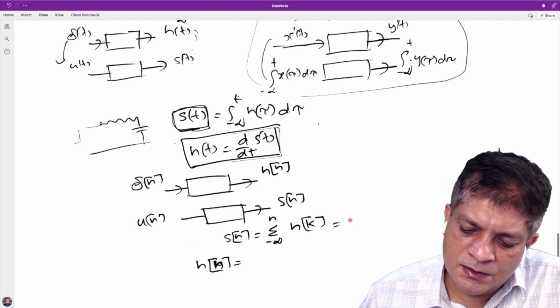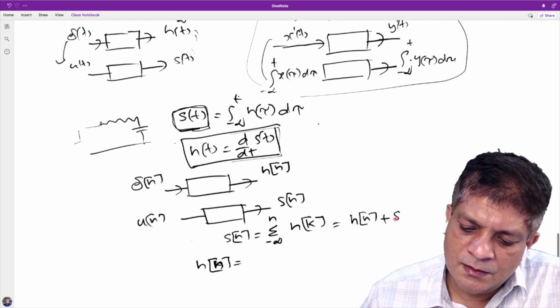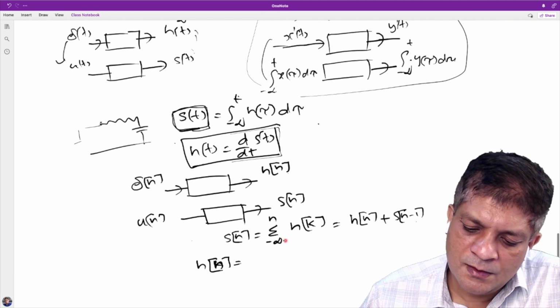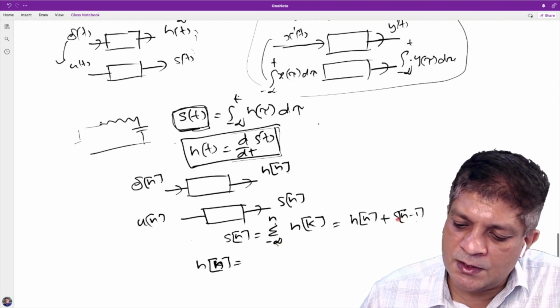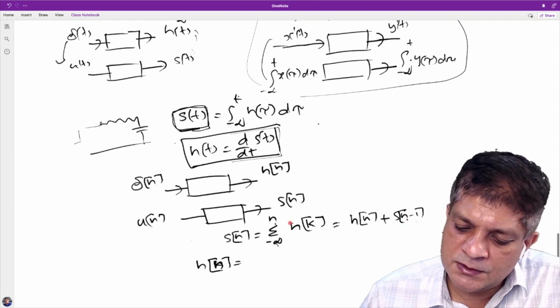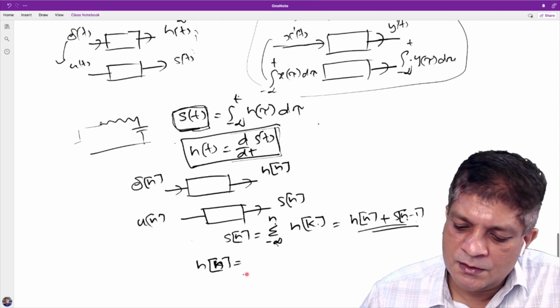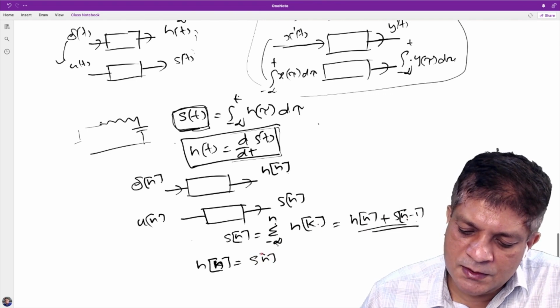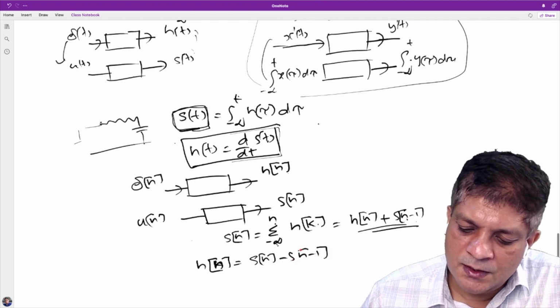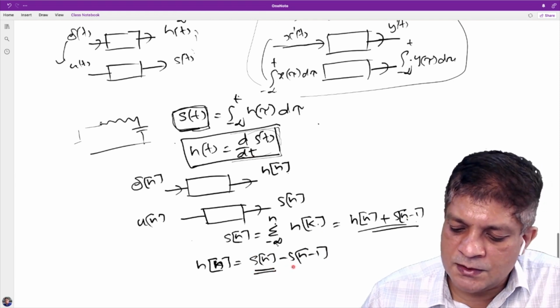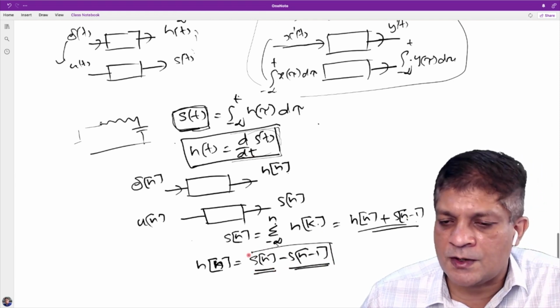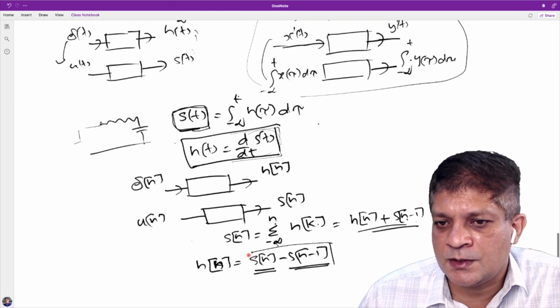We can write the summation up to n minus 1 as s[n] minus 1, so s[n] equals h[n] plus s[n minus 1]. Hence h[n] is s[n] minus s[n minus 1]. In the case of a continuous time system it is the first derivative, and in the case of a discrete time system it is the first difference. That is the corresponding relation.